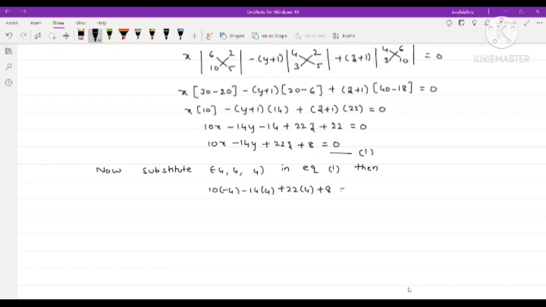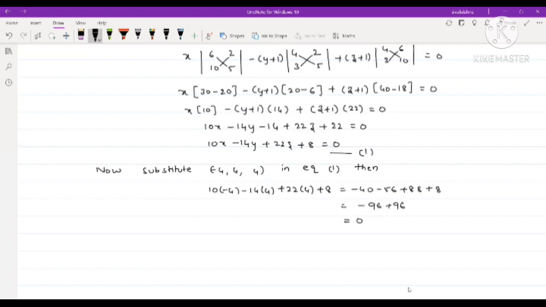This is equal to minus 40, 14 4s are 56 so minus 56, 22 4s are 88, plus 8. So this is equal to minus 96 plus 96, which is equal to 0.